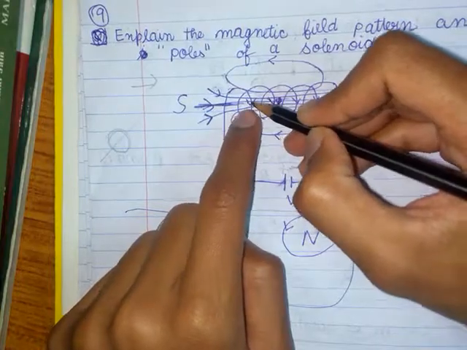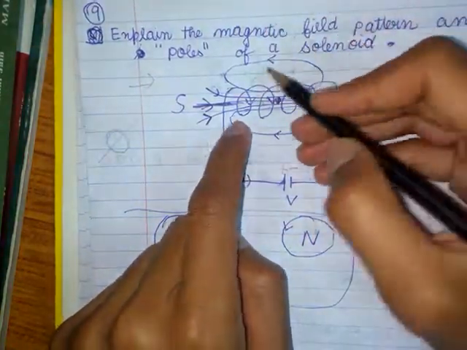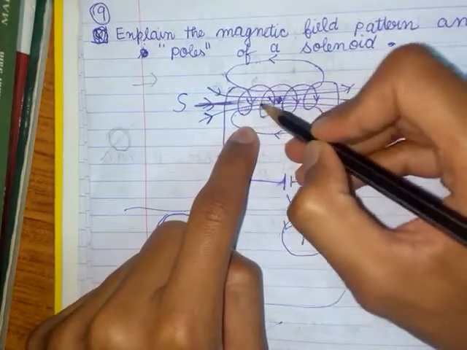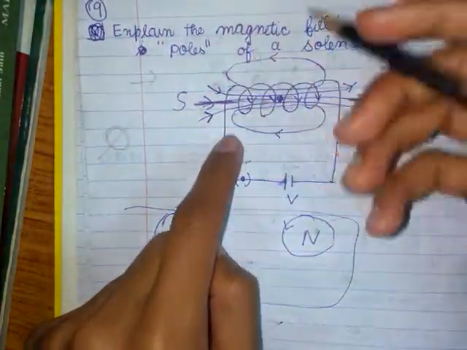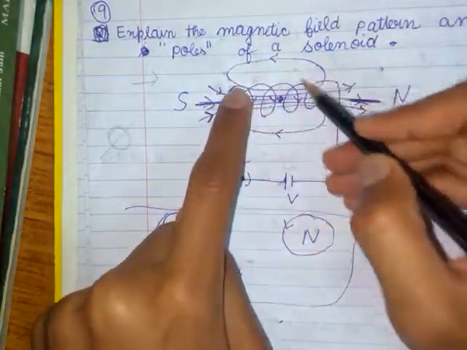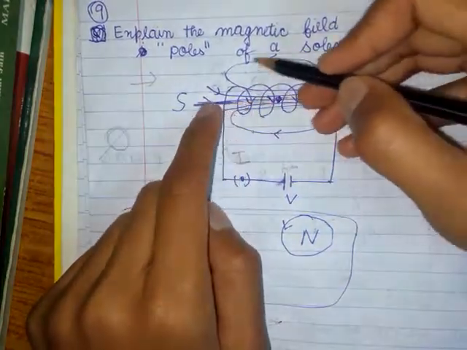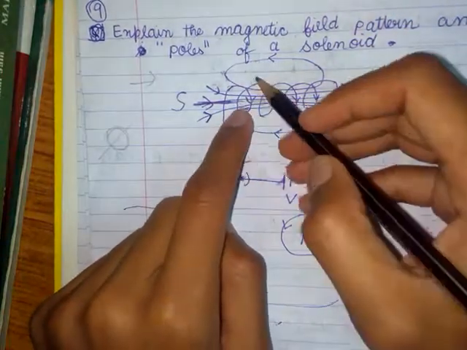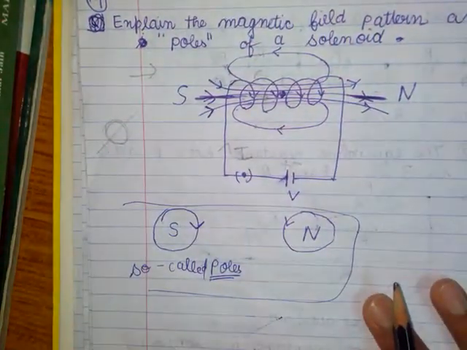Each small part contributes to the field, so the field at one particular point is the sum of the fields caused by all of these parts. When we sum all those contributions by the different loops and the different parts, we get this pattern.